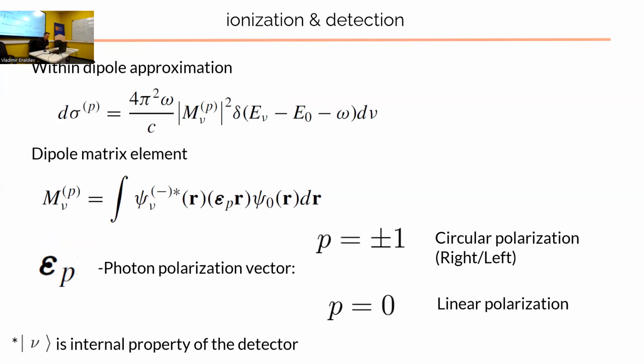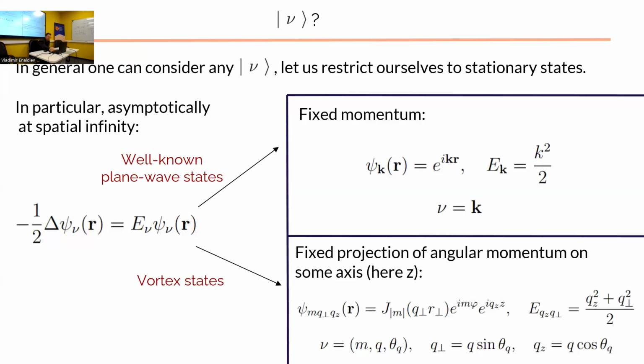Okay, a good question. So nu here is the final state of an electron. The energy of this final state is fixed by the energy conservation rule, right? But still, for a fixed energy, we have infinitely many solutions of this equation. So in general, we can consider any solution of this equation.